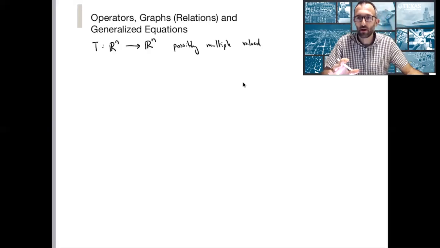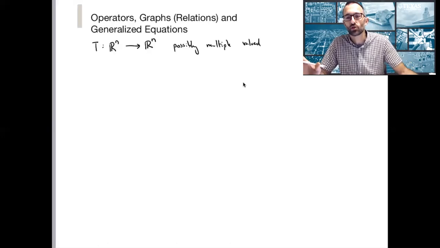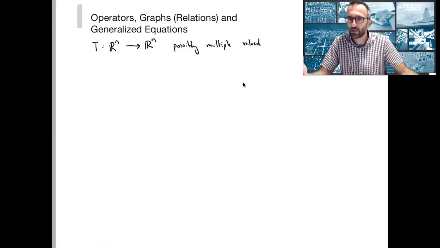And as always, the primary motivation and example that we should keep in our mind, though this theory extends far beyond that, is the gradient or subdifferential. If a function is differentiable, then its gradient is a single-valued operator from Rn to Rn.